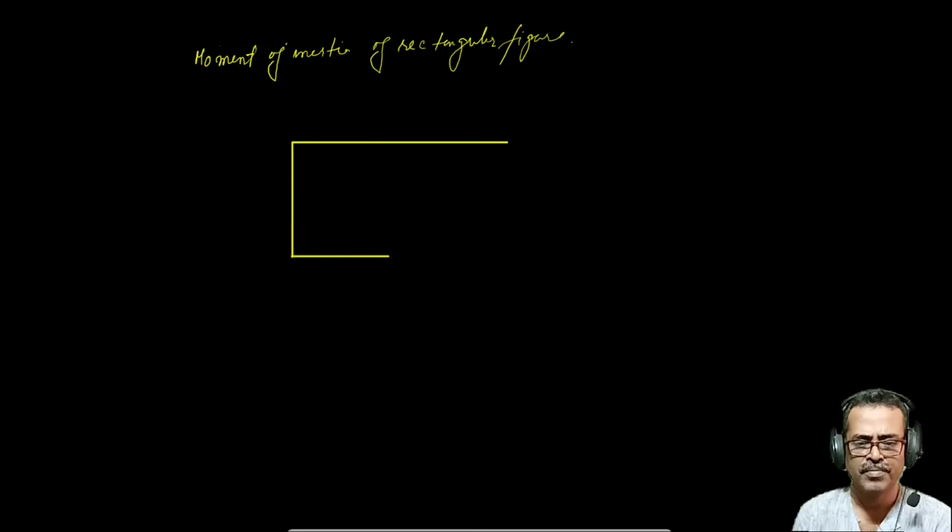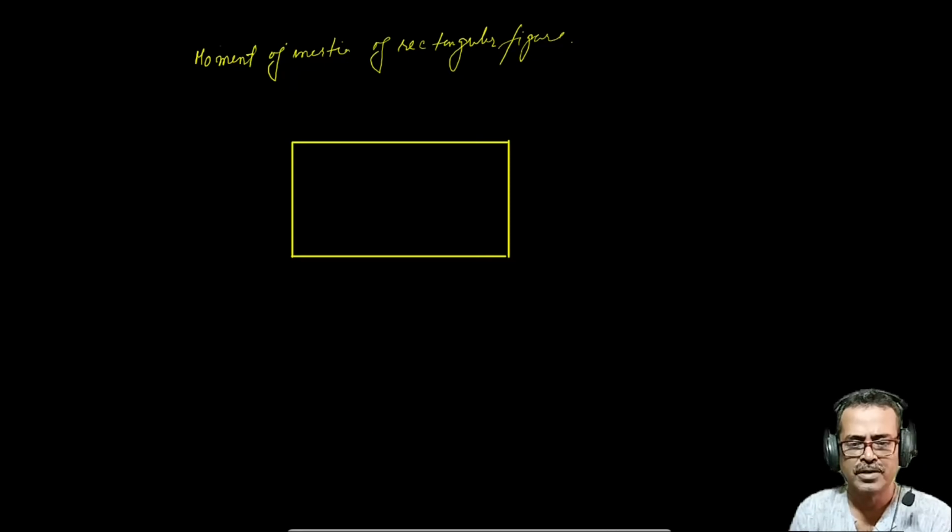Moment of inertia of a rectangular figure. This is a rectangle and its CG passes through the middle of it.